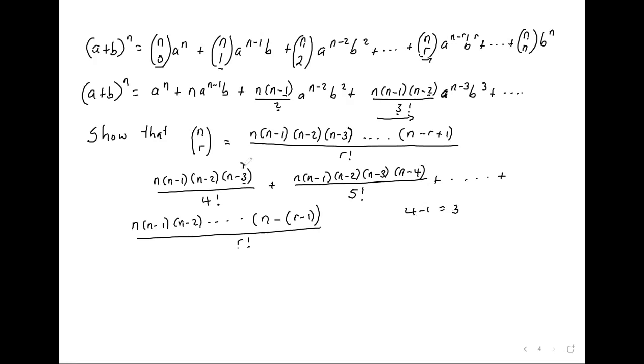That's why we have this 3 here. 5 minus 1 is 4. That's why we have this 4 here. So r minus 1, if we put it here, then down we'll have r factorial. But if we solve for this part, if we expand it there, it will look like this. N minus, then there'll be a plus 1.